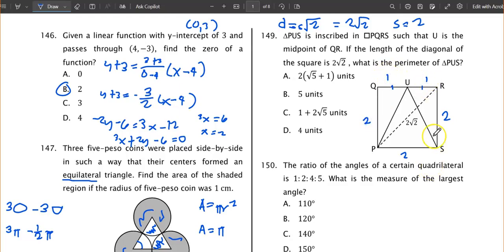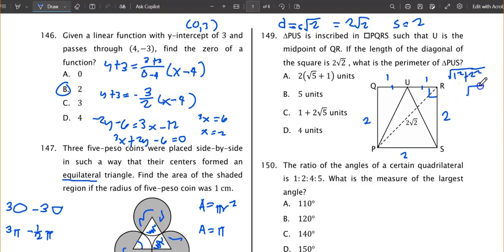And then we need to find the length of this side of the triangle. But remember, this side and this side are congruent because they are the hypotenuse of the congruent triangles. So to solve the measurement of this hypotenuse, we just get the square root of 1 squared plus 2 squared.